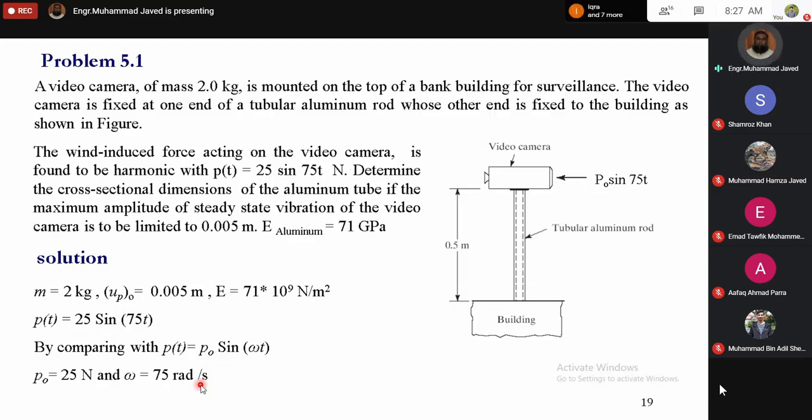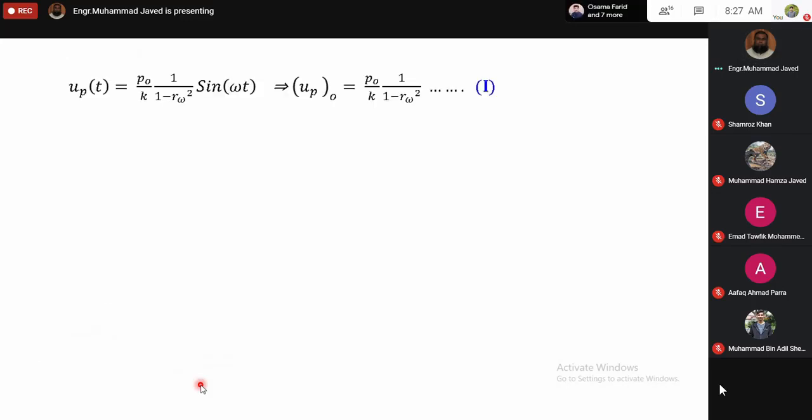In last lecture, an expression was developed for calculating steady state vibrations in undamped system, which is UP of t is equal to P naught by k into 1 by 1 minus r omega square sine omega t.